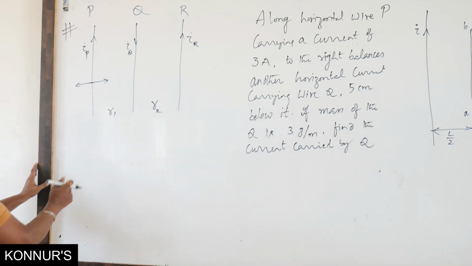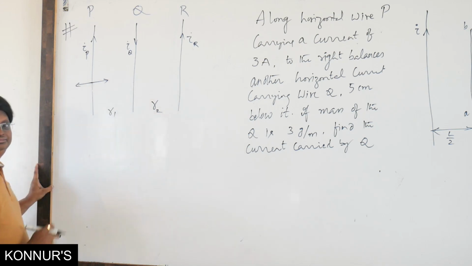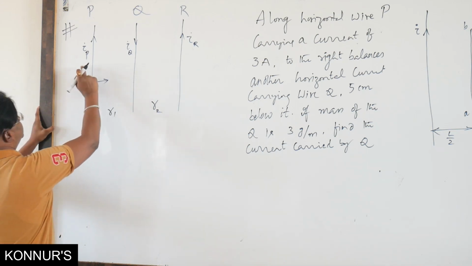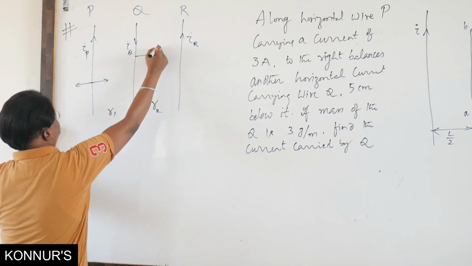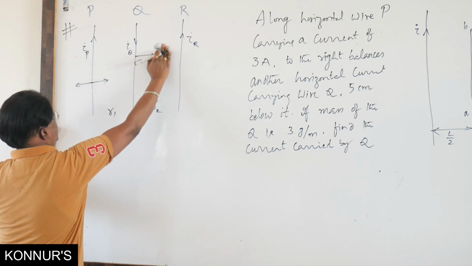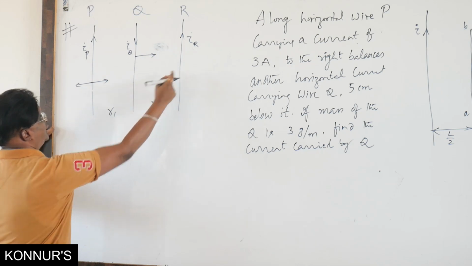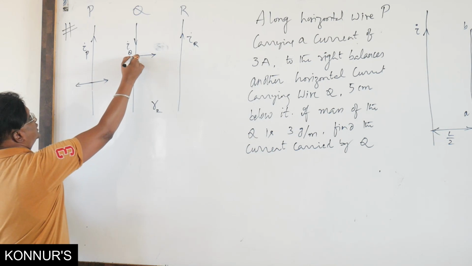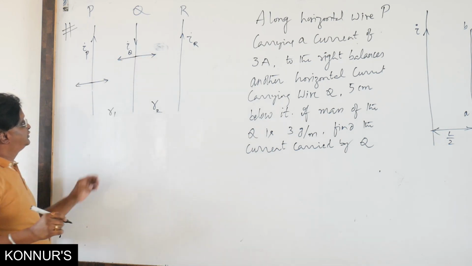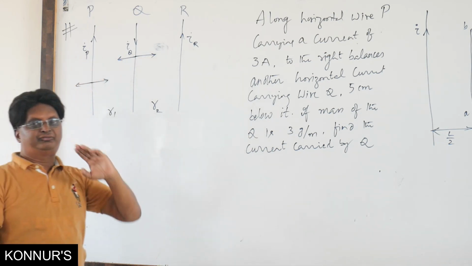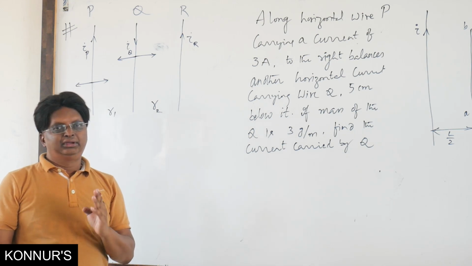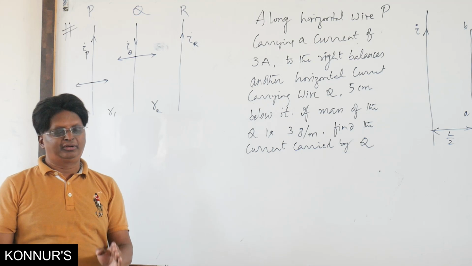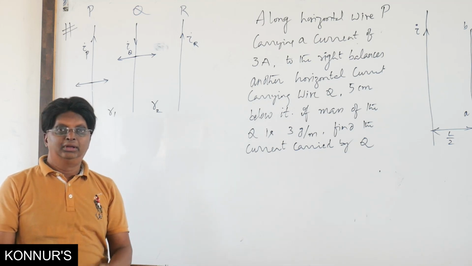Now you see, let us take the case of Q. Q is repelled by P because of anti-parallel currents, and similarly Q and R, again anti-parallel currents, again repulsion. So repulsion means like this. Again for Q also we find two forces anti-parallel, a possibility for a null point or equilibrium.